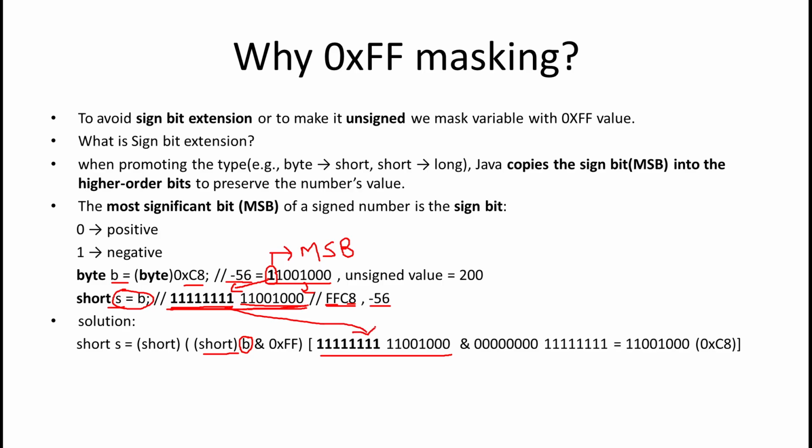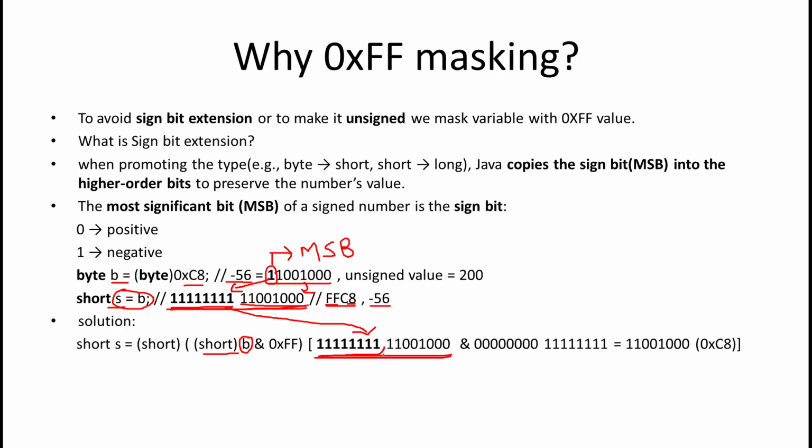Because b is a short, which I have explicitly cast, there will be a total of 16 bits, and due to the sign bit extension the higher order bits get enabled.